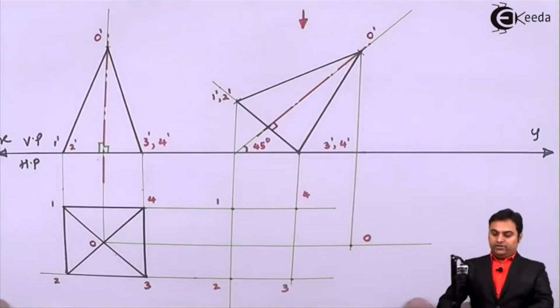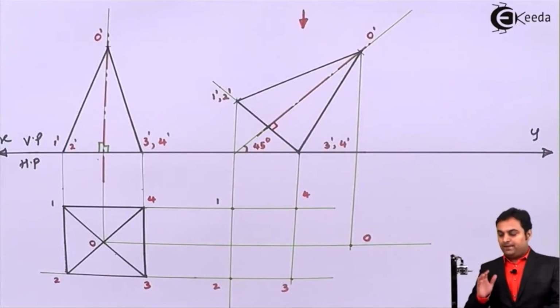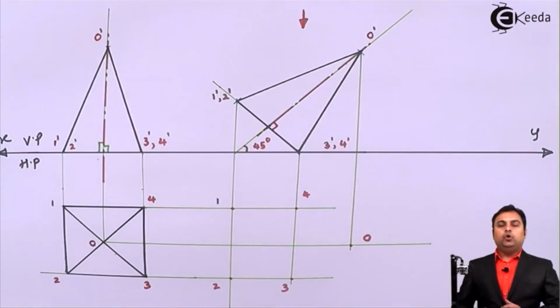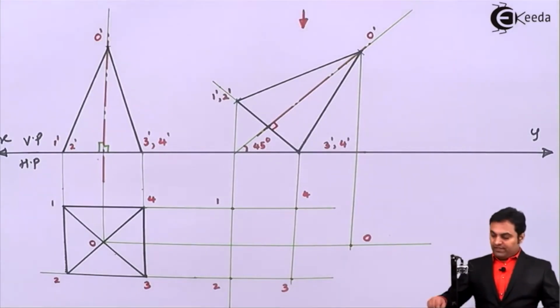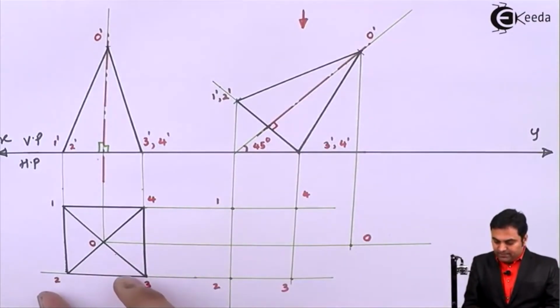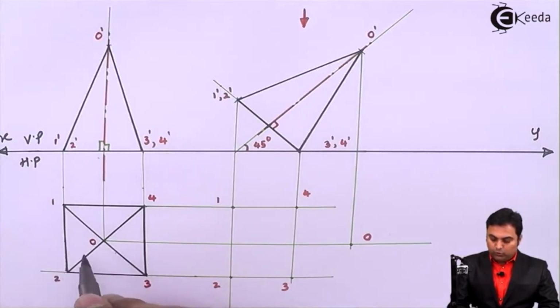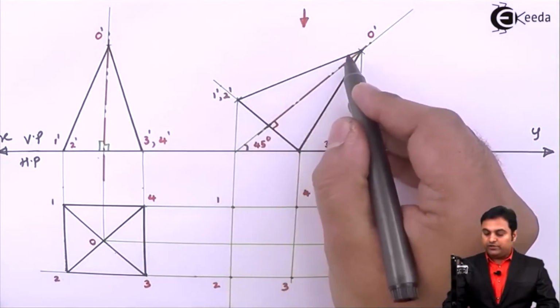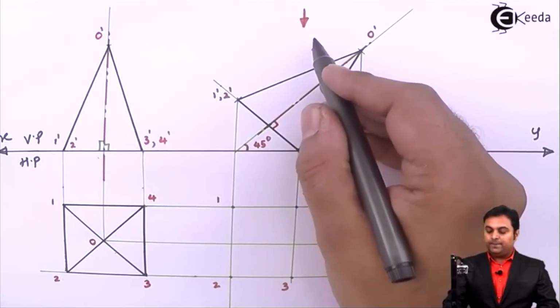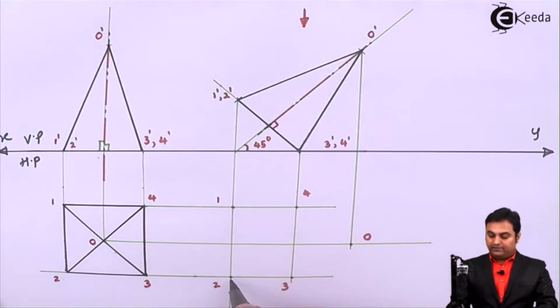Now here, after I have completed the front view of the tilted pyramid, the next thing would be to draw the top view based on the visibility. If I see here as an observer, when this pyramid is tilted, the triangular face O12 will be in front of the observer, which can be seen as a line in the front view. It means from O to 1 and 2. This will be a complete triangular face, which we can make dark.